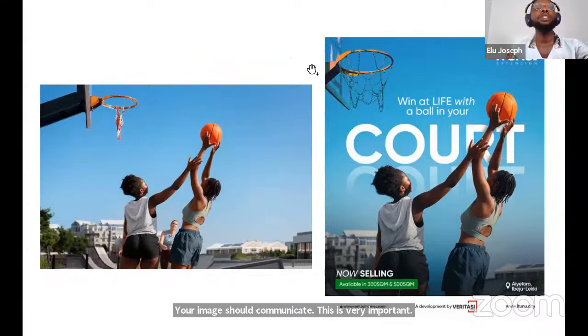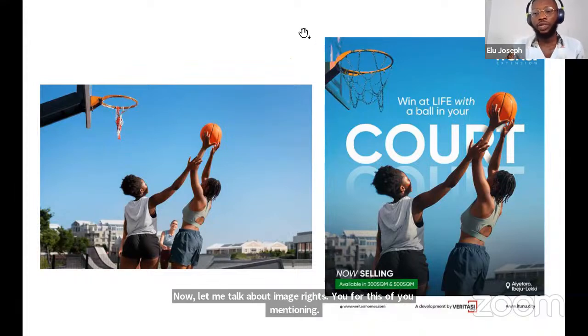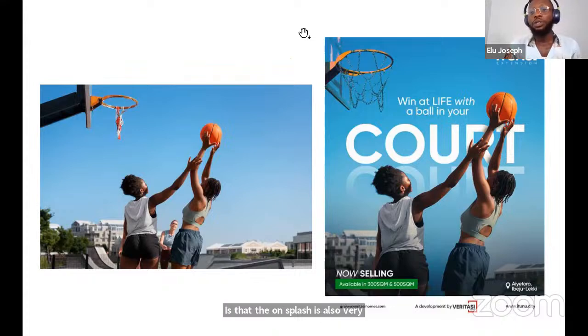Now, let me talk about image rights. For those of you mentioning exactly, Unsplash is also very good. For those of you mentioning Google and Pinterest, now Pinterest is a space that is not for images. It's not for you to download images. It's just like Instagram. You're scrolling through different images from different people, right?